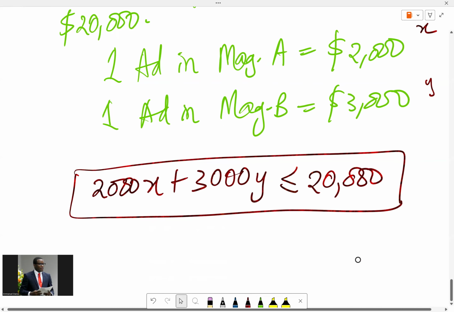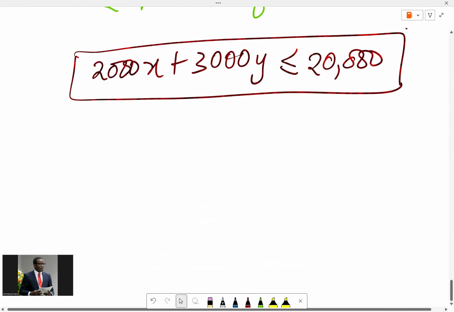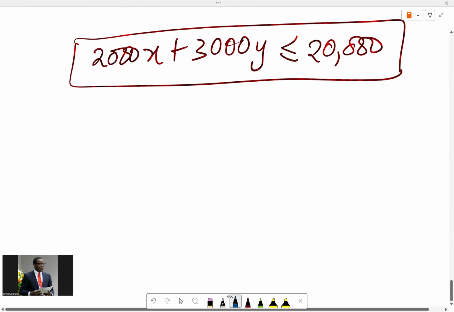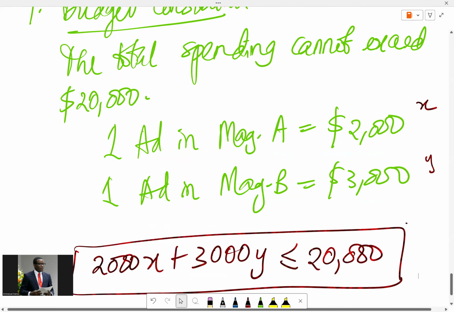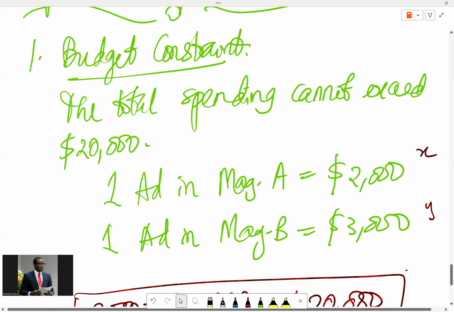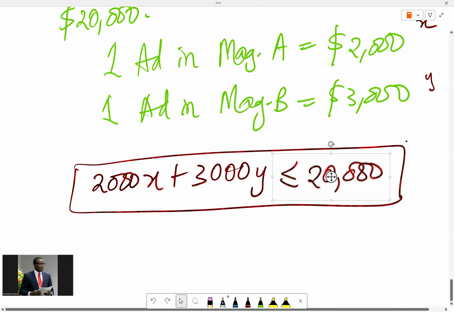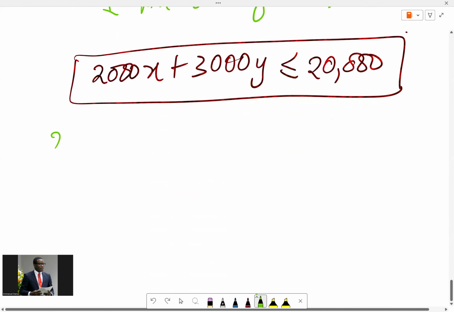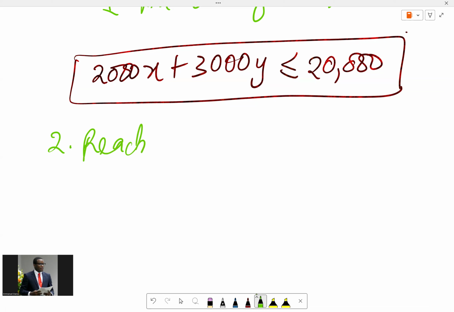Then we go again for step four. That's one constraint. Another constraint, which is constraint two, is the reach constraint. We want to reach at least 180,000 people.